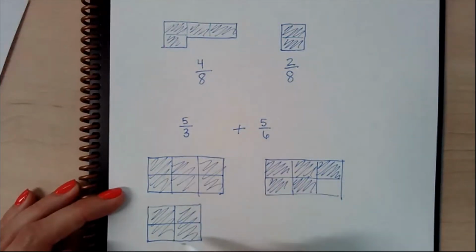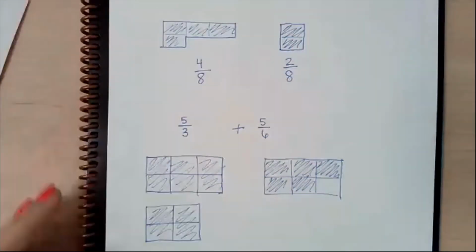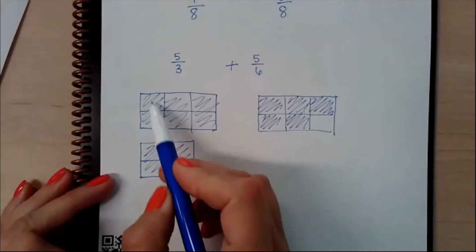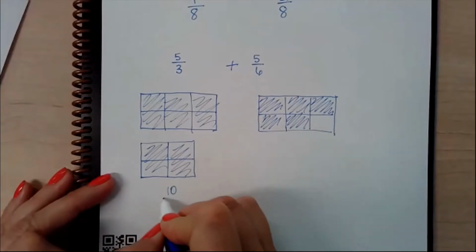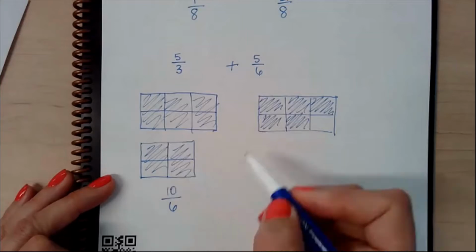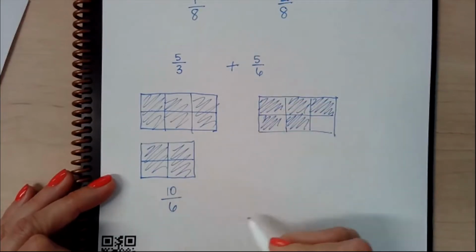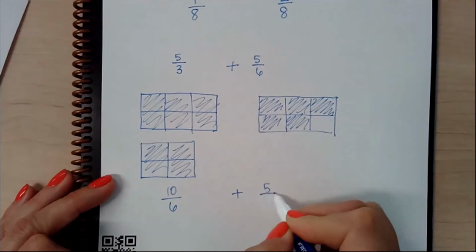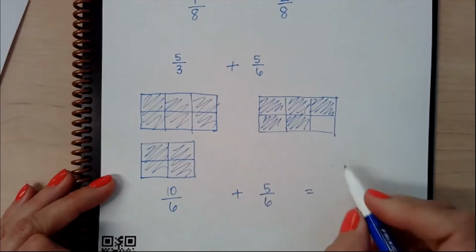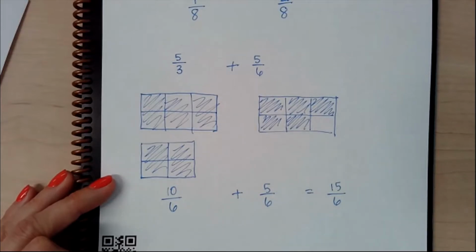So now I don't have 5/3. Now when I look at that, I've actually got 10/6. Now I can take all of these chocolate bar pieces and add them to these other ones. Now I'm looking at 10/6 plus these 5/6, and it looks like I've got 15/6 of a chocolate bar.